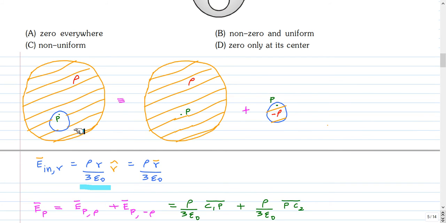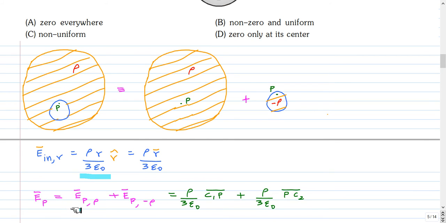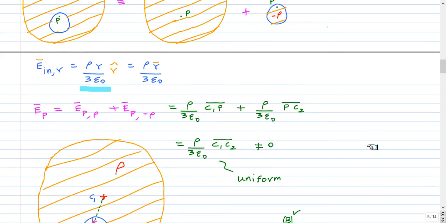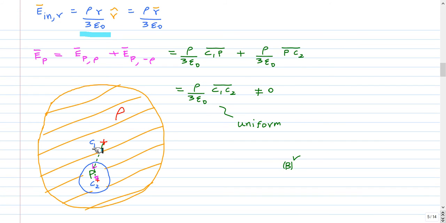So the electric field at a point P is the electric field due to this plus rho at this point P, and the electric field due to this minus rho distribution at this point P. So the electric field due to the plus rho is, using this result, rho by 3 epsilon naught into the position vector, which is the vector joining the center of the sphere to the point P. So it is this vector, and the electric field due to the minus rho will be minus rho by 3 epsilon naught into C2P. So we can absorb the minus sign in C2P and write it as PC2.